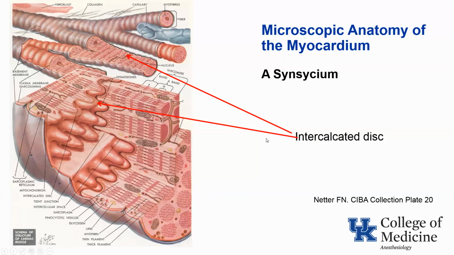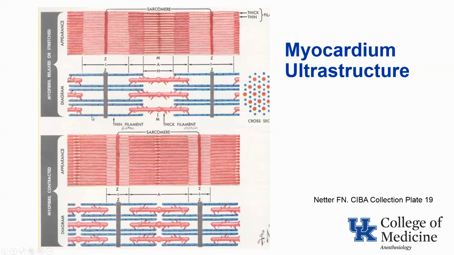It's also helpful for you to understand the microanatomy of the heart, and I recommend that you study this in the textbooks. The myocardium is a syncytium of myocardial cells joined at the so-called intercalated discs.